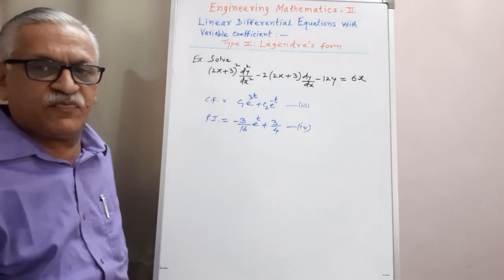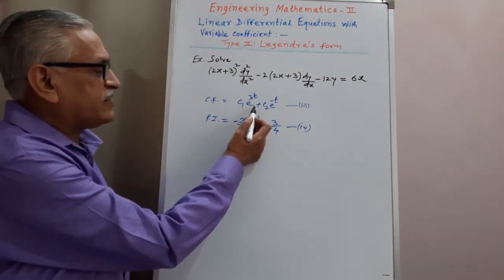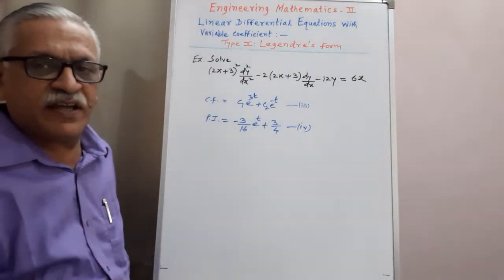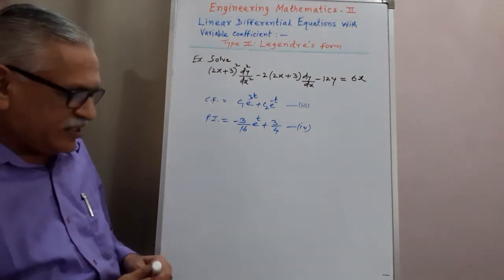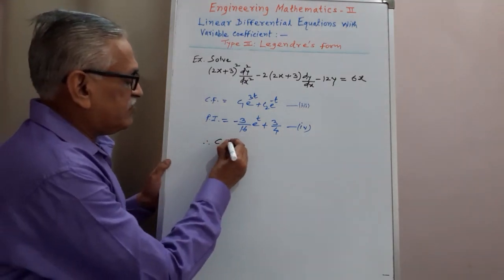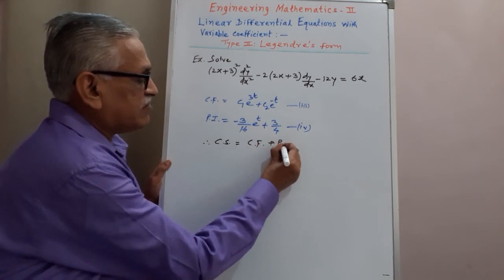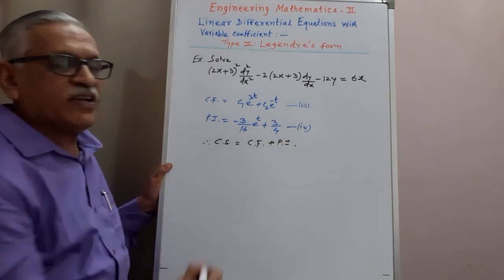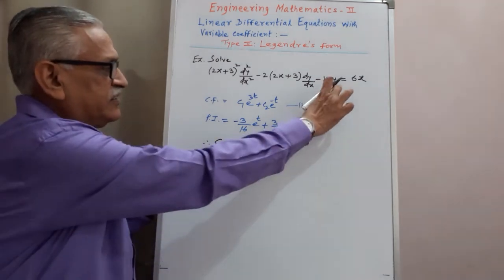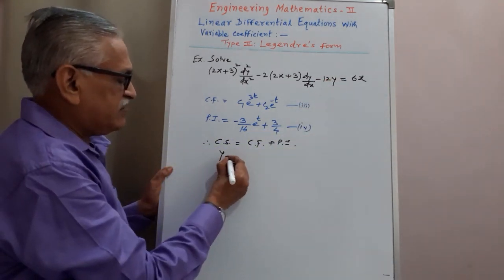We call this equation number 4, and then we take the addition of CF and PI to get the complete solution. Therefore the complete solution is CF plus PI. The complete solution is always for the dependent variable; here the dependent variable is y.